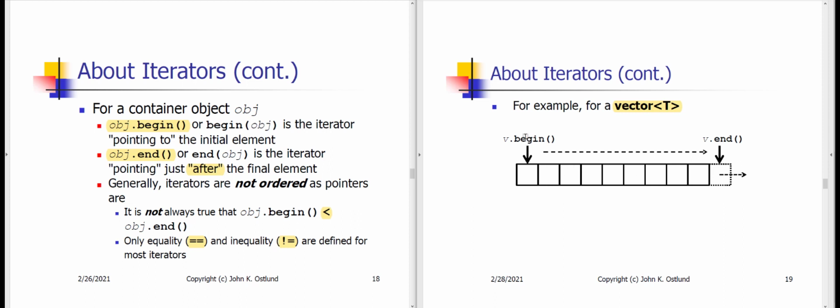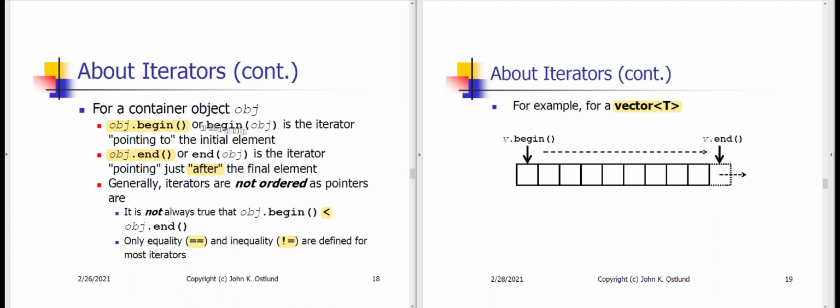If I say vector.begin, I get an iterator for the first element, and if I say vector.end, I get an iterator that is beyond the end of the elements in the vector. Okay, so vector.begin is the beginning, vector.end is beyond the end, just the next thing after the last one.